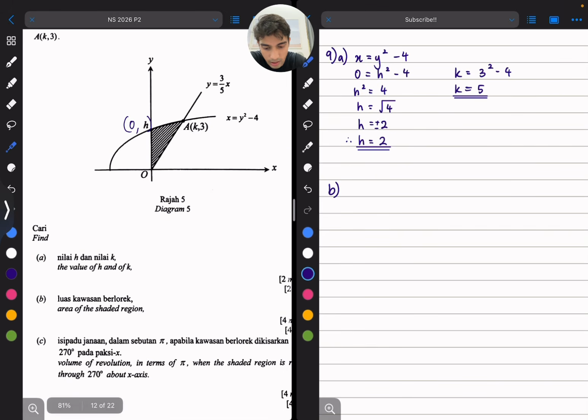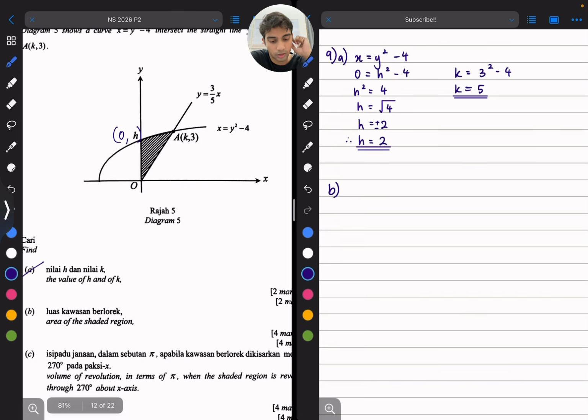Alright, B. Area of shaded region. So here we want to find the area of this region. What we can do is find this region minus this region. That's one way of doing it.